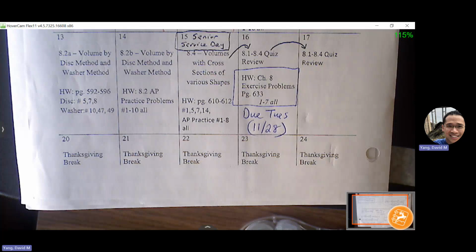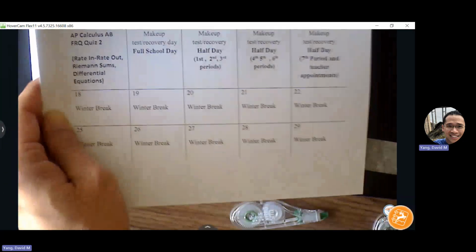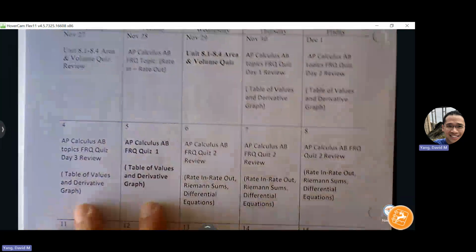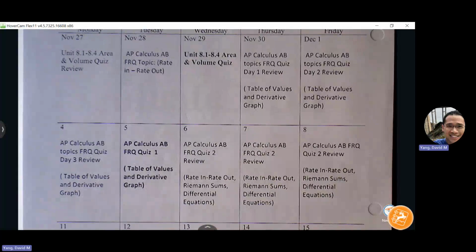Okay, I just want to give you a quick overview of the remaining weeks of this semester. I'll give you this calendar in the packet I have for you tomorrow. We're going to go through a series of FRQ review.